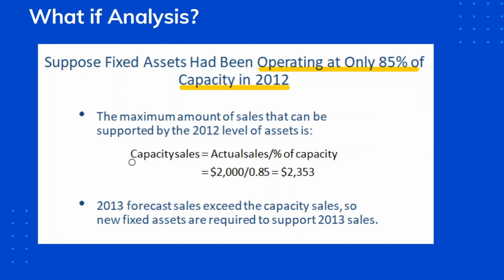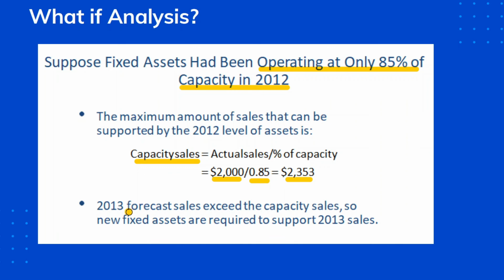We calculate the capacity sale. Our current sale is $2,000. We are only at 85% capacity. So do the extrapolation. At 100% capacity, we can generate up to $2,353 in sales.